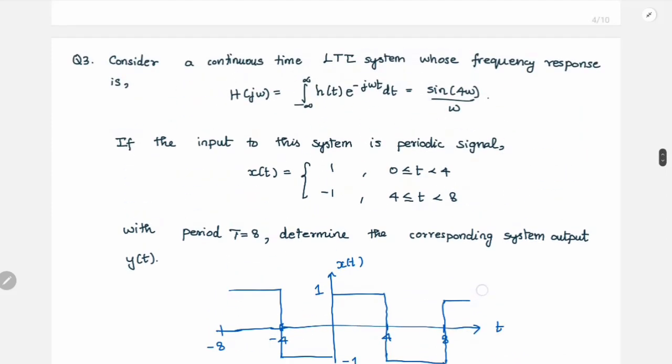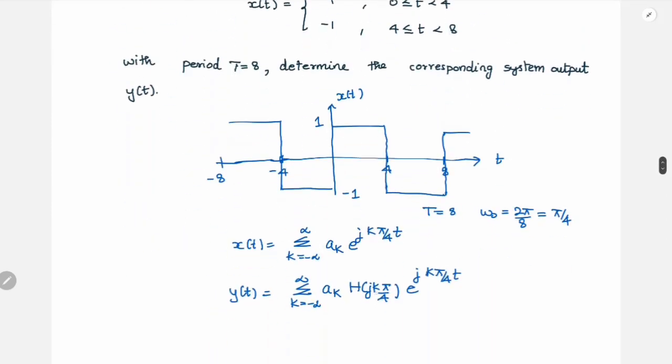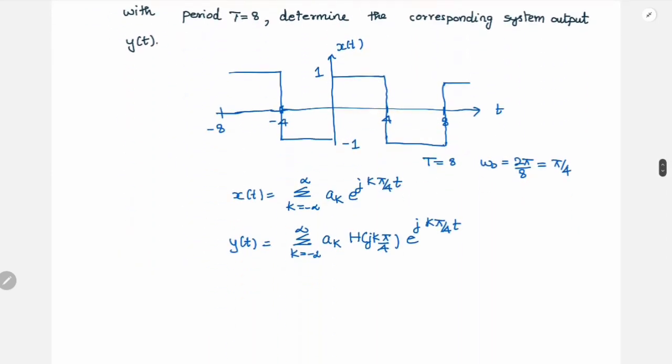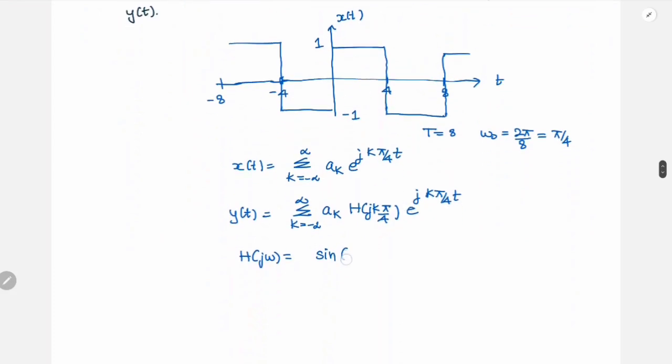Let us now go ahead and find this term from this expression. H of j omega is given as sine 4 omega by omega. We need to find H of j k pi by 4, which is sine of, instead of omega, we substitute k pi by 4. So k pi by 4 into 4 will be just k pi, divided by k pi by 4.